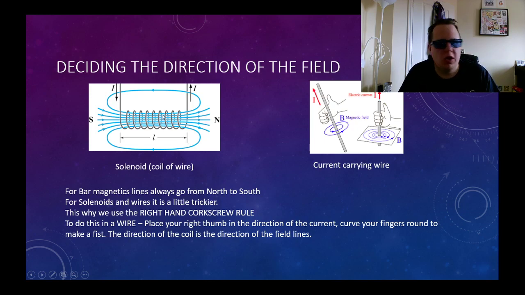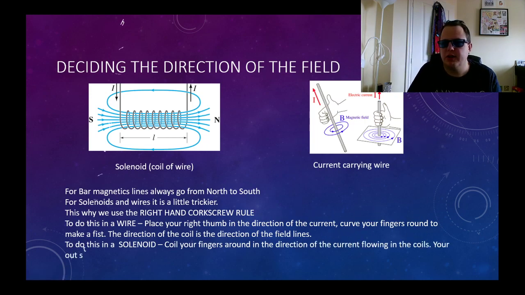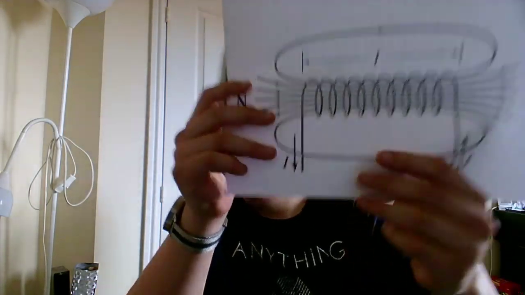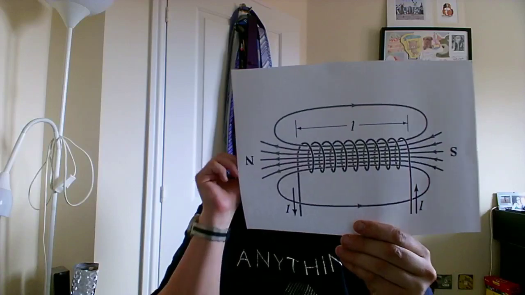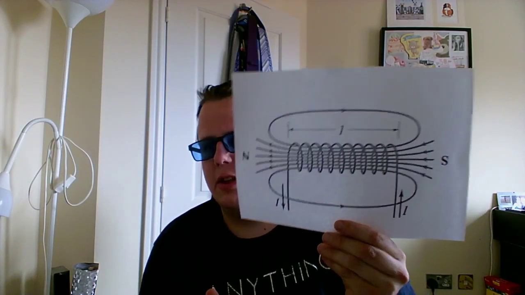For our solenoid, it's a little bit trickier, because we do it in the opposite way. You place your fingers so they curl round in the direction that the current itself is going in the coils.